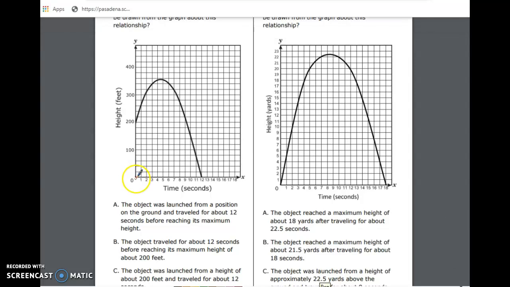So this object was not launched from 0. It was launched from 200 feet.